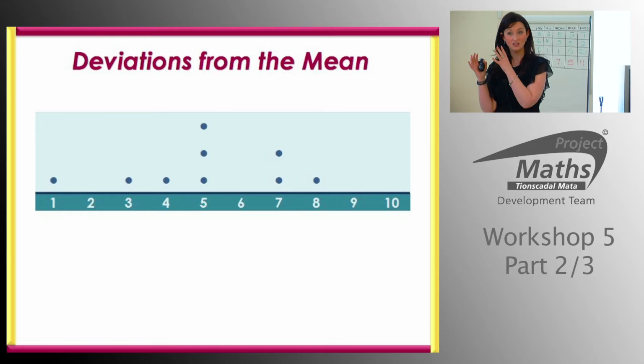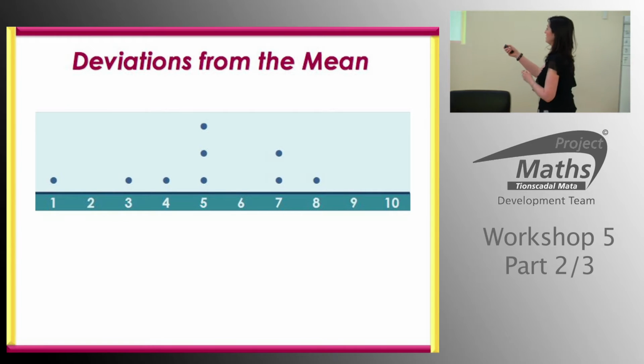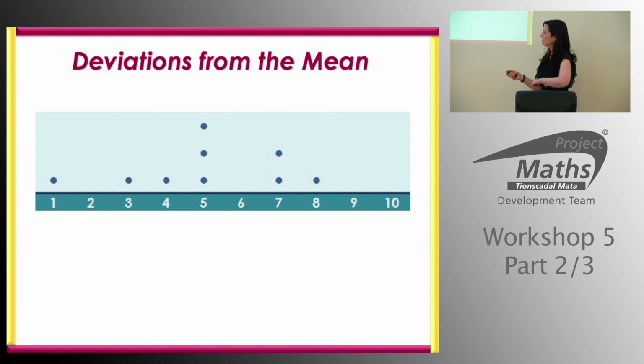Now, what did we know about our distributions? The mean was 5. So we're checking how far these different data points are away from 5. This one here, can you see that it's 4 jumps less than 5? So the deviation from the mean there is -4. The deviation for this grouping of 3 is -2.